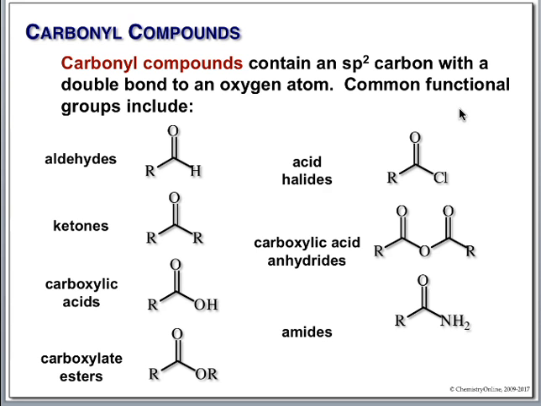A carboxylic acid will have an OH. An ester will be an OR. Stick a halide on, and this is an acid halide. This is an acid anhydride, so we have another acid group. If we had water, we would have two acids, and of course, this is an amide. We're going to focus today on aldehydes and ketones.